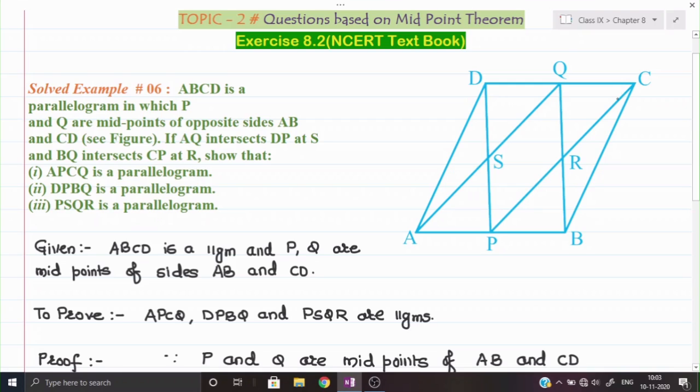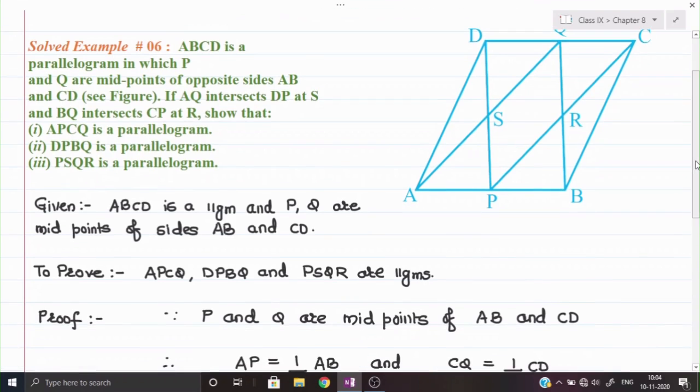Now the parts of AQ and CP will also be parallel. Who will be the part of AQ? Observe the line SQ, and the part of CP will be PR, which will also be parallel. Similarly we can say that SP and QR will also be parallel because DPBQ is also a parallelogram. So their opposite sides will be parallel, and hence the parts of the opposite sides will also be parallel. We get both pairs of opposite sides of the quadrilateral parallel, so we can say it is a parallelogram. So let us see how we can prove it.